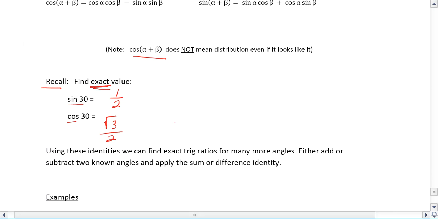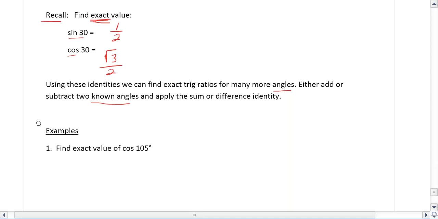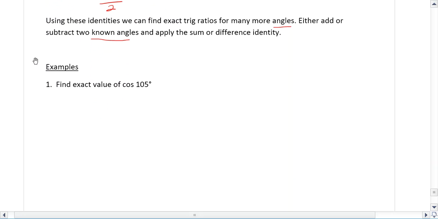Now, these sum and difference identities have expanded our capability to find exact trig ratios for more angles. If we can take the angle we're given and write it as a sum or difference of known angles, then we can apply these identities. So let's look at what that looks like.